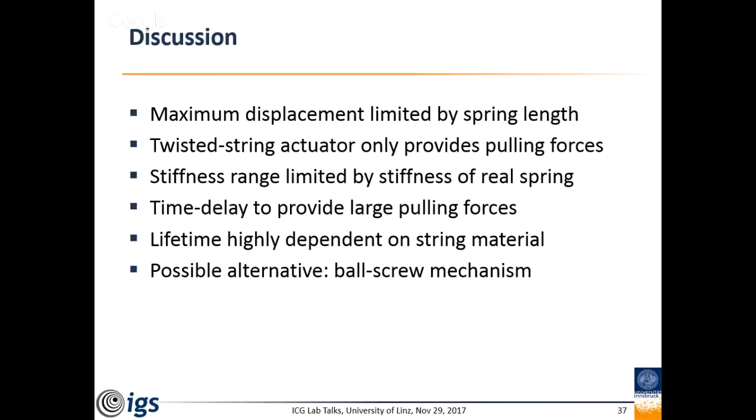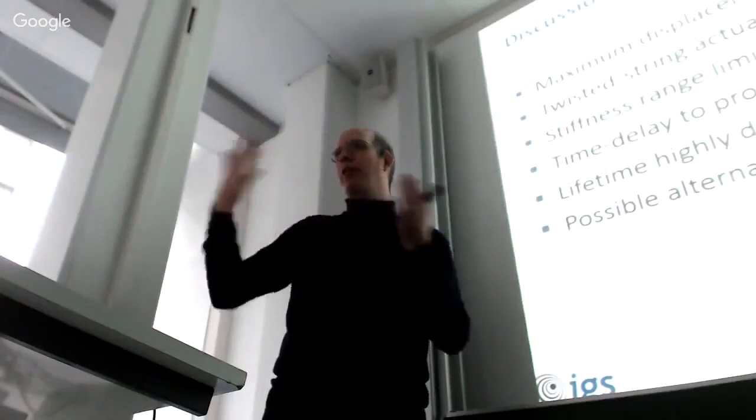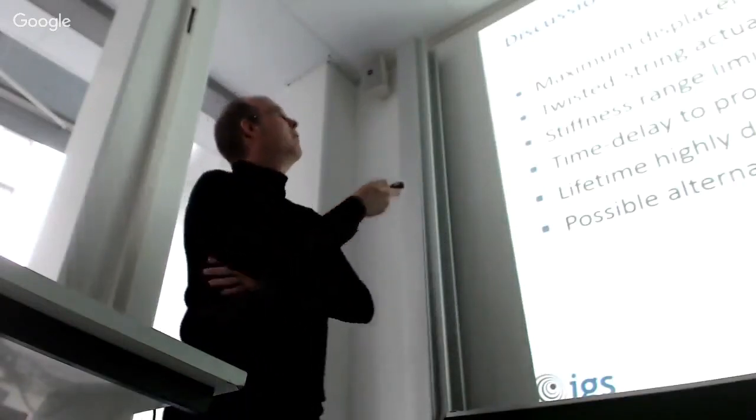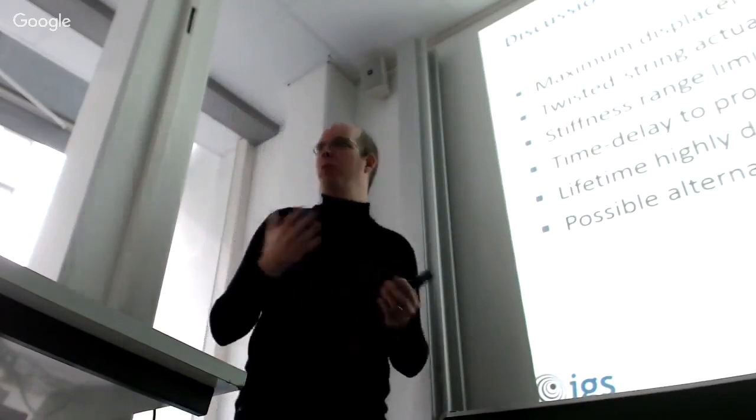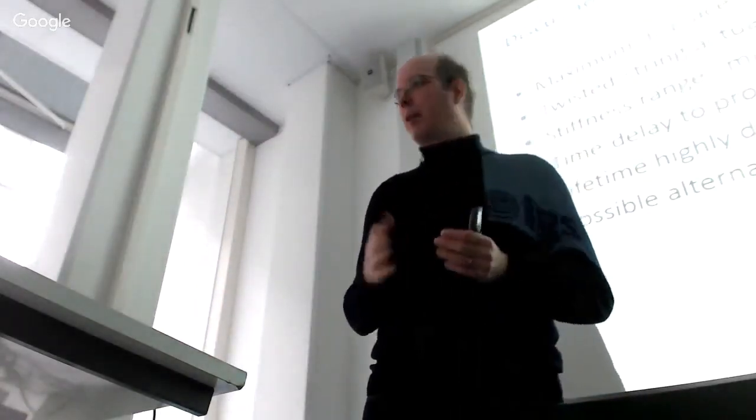Actuation was our first choice, but actually we ran into several problems here. One is that maximum displacement is limited by the spring length, so when you compress the spring fully, you can't go further. With the twisted string actuation, you can only pull so far, so you twist it up and this pulls the whole thing, but you can't push it.